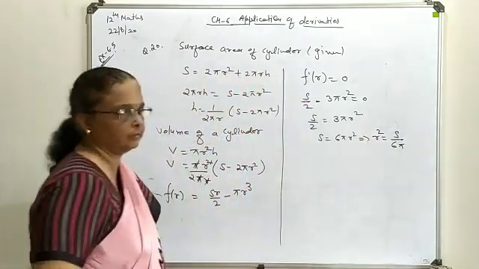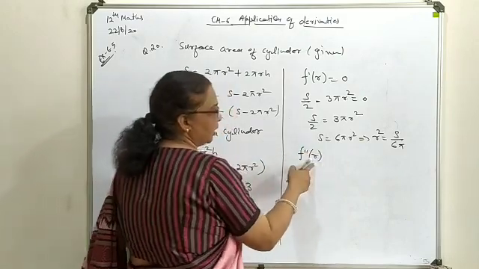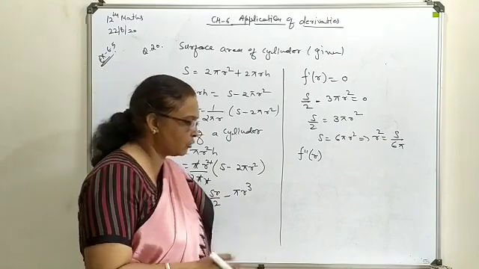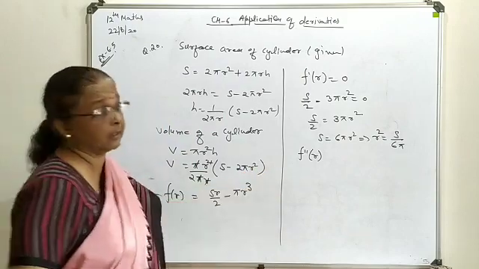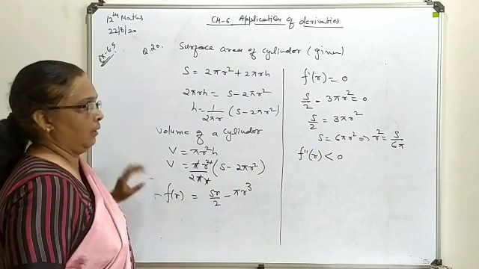This you will use further. Now go for the second derivative. Check the sign of the second derivative, positive or negative. We should talk about the maximum one, so it should come with a negative quantity.